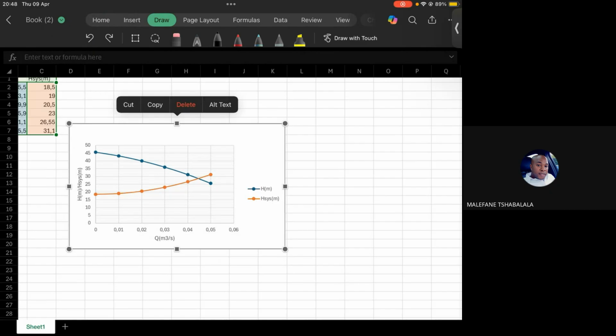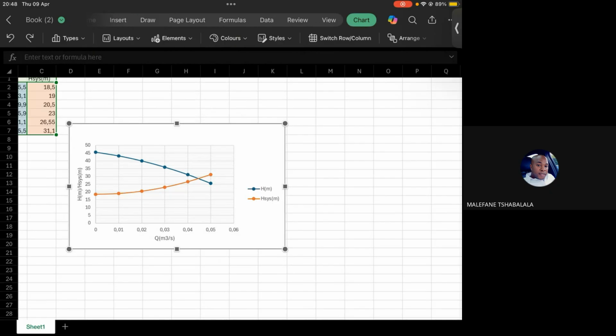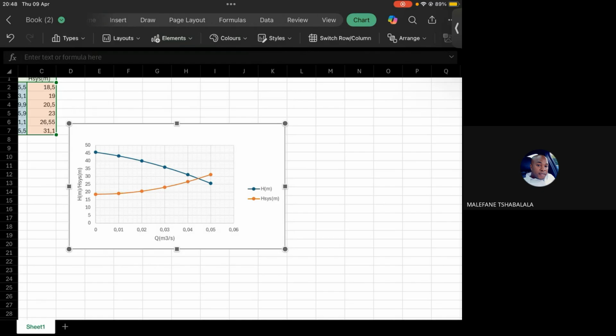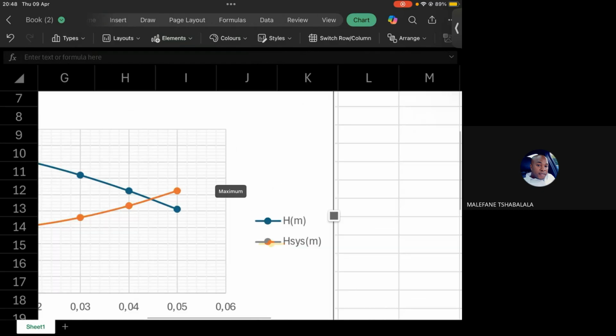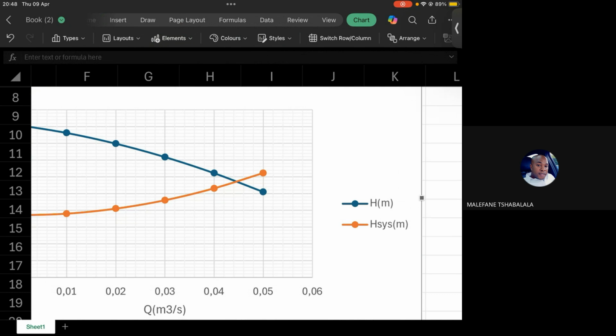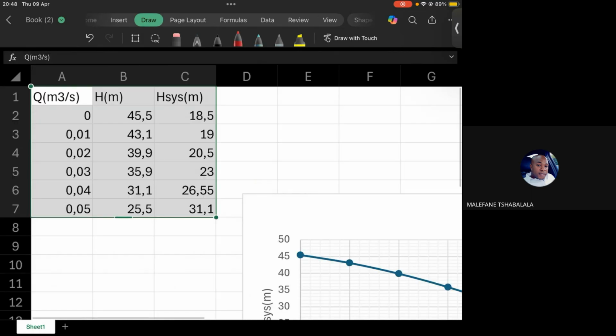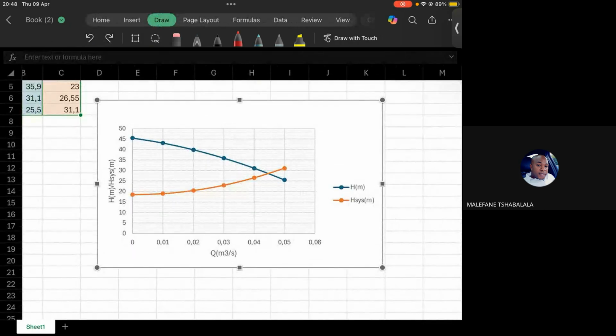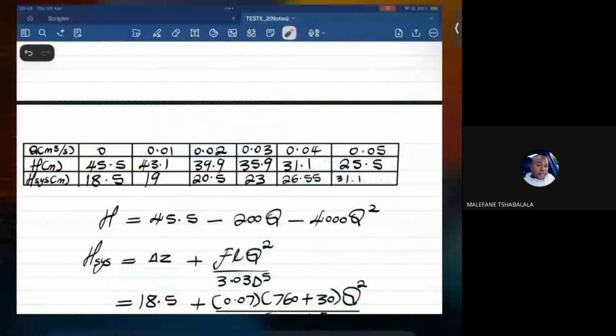Wait. Yeah, fine. Let me just copy this graph and paste it here.